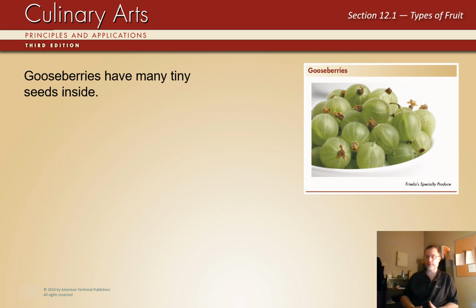Now, the thing about gooseberries, kind of like a tomatillo, they have a skin around them. You have to squeeze them. Not quite as rough as a tomatillo, not papery, but they're usually used in jams and jellies because getting them fresh is pretty hard. Some fruits, I shouldn't say a lot of fruits, but some fruits don't travel very well. And so the reason why we see some fruits only in different areas of the world is because they don't transport well and they don't hold very well.